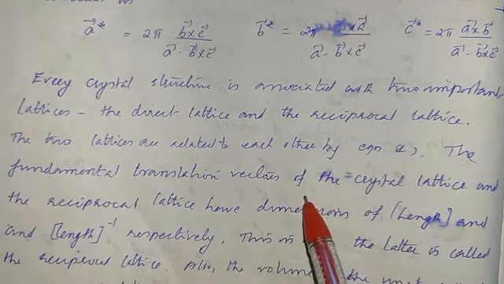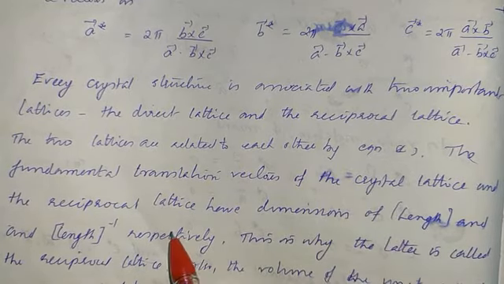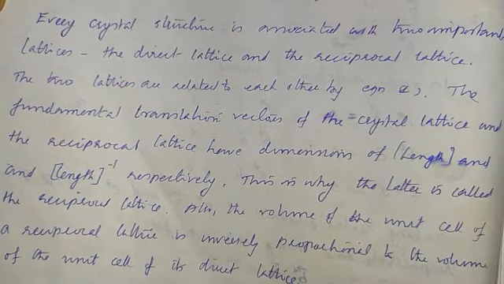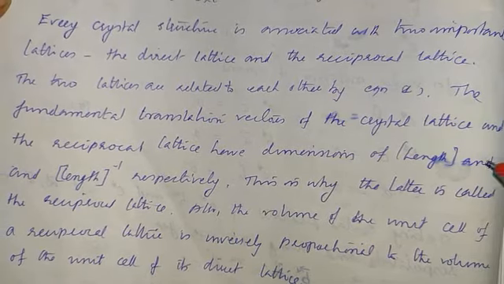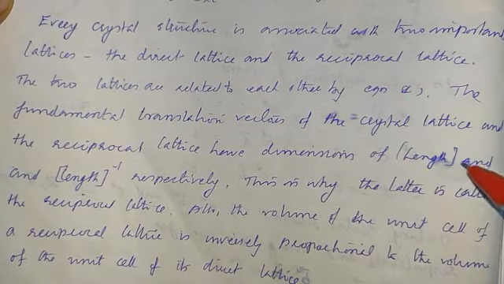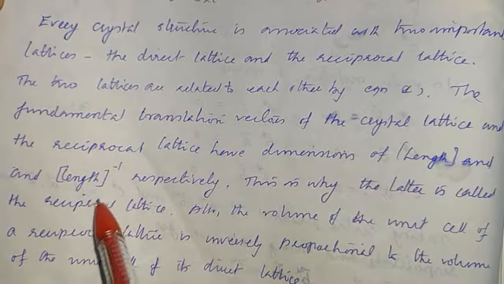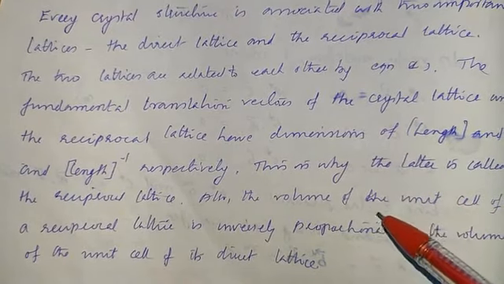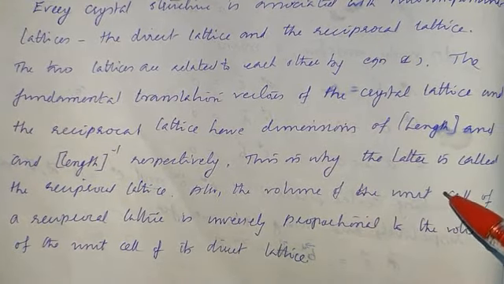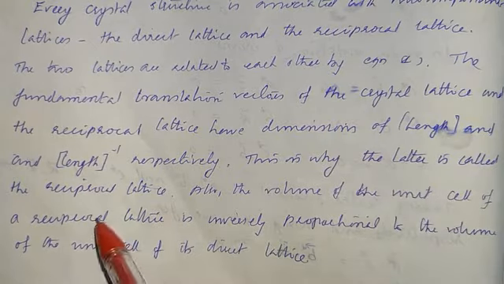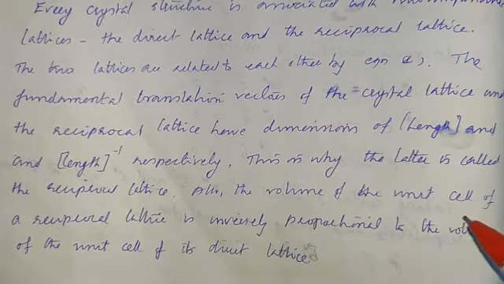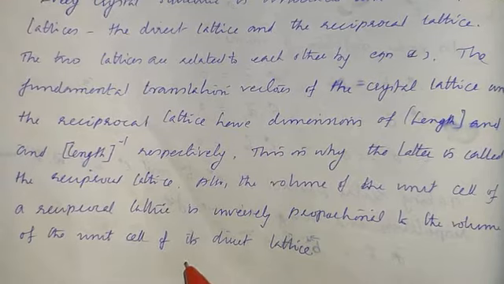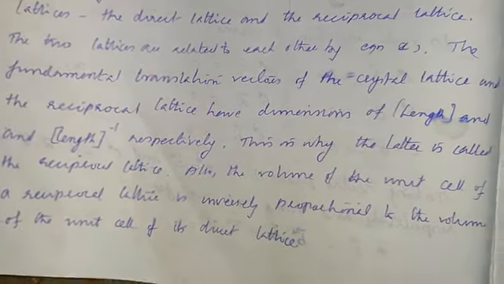The fundamental translation vectors of the crystal lattice have dimensions of length, and the reciprocal lattice vectors have dimensions of inverse length. This is why it is called a reciprocal lattice. Also, the volume of the unit cell of the reciprocal lattice is inversely proportional to the volume of the unit cell of the direct lattice.